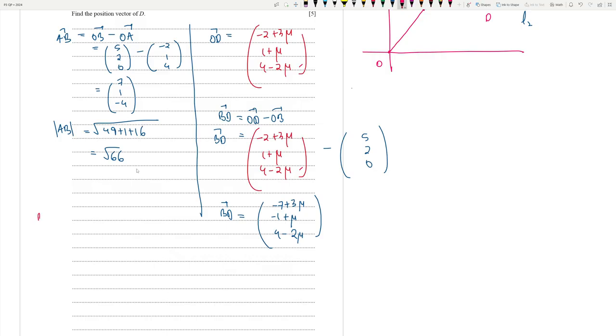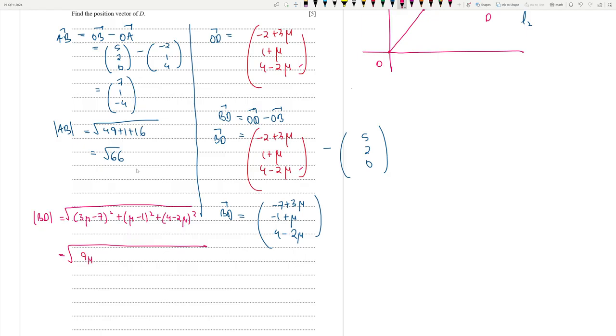So the absolute value of BD. What will it be? Root over 3 mu minus 7 whole square plus mu minus 1 whole square plus 4 minus 2 mu whole square.